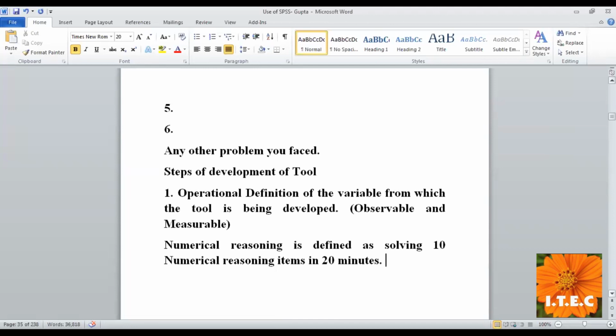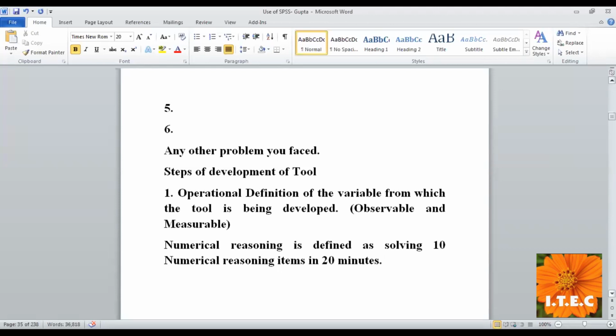So that means you have decided yourself that you will give the 10 numerical reasoning questions or items and you will give them 20 minutes to solve it. If you want to give 20 items, then you have to give 40 minutes to solve it according to this definition.